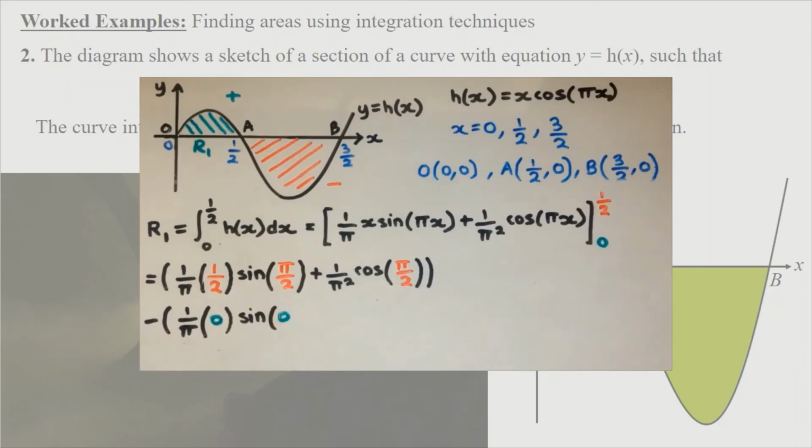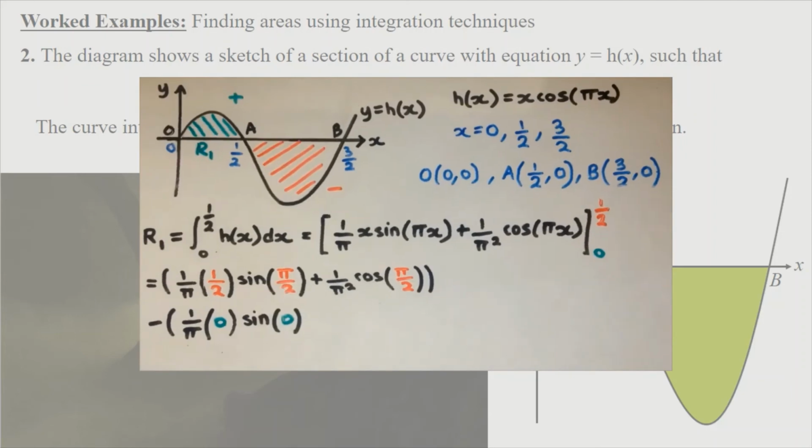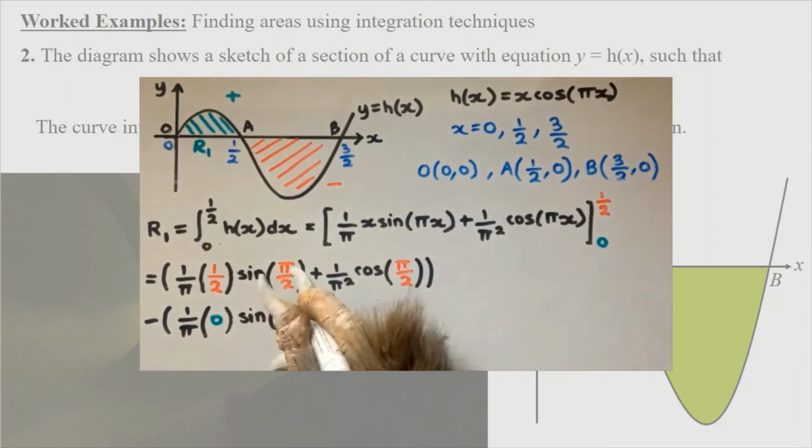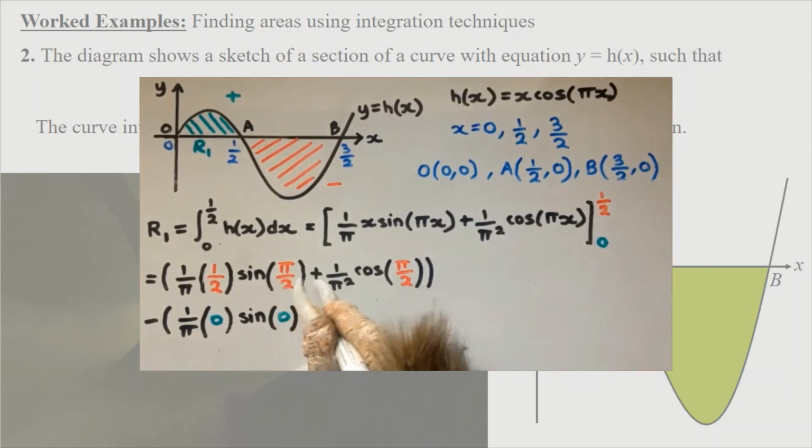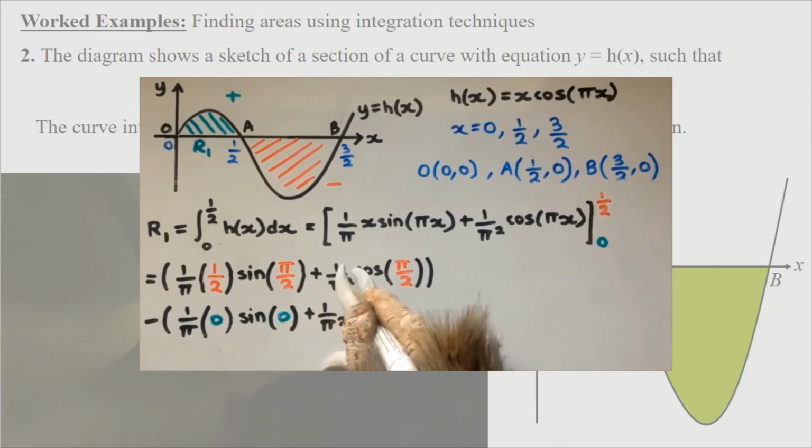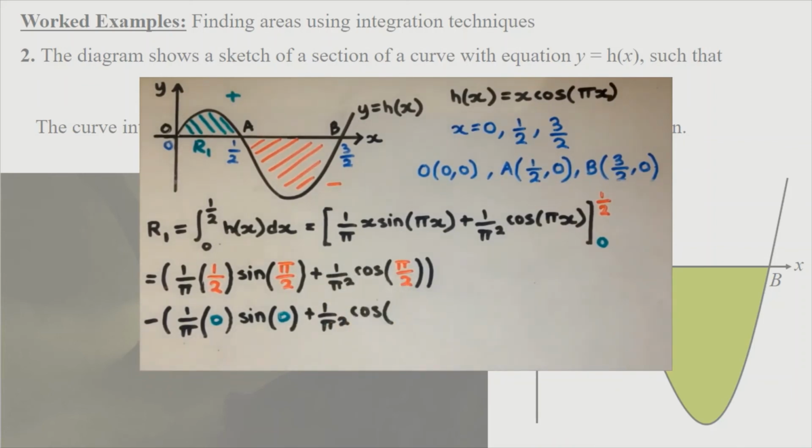And then we've got plus 1 over pi squared and cos of 0 again. And that's the bit you've got to be careful of. And close the lower limit bracket.